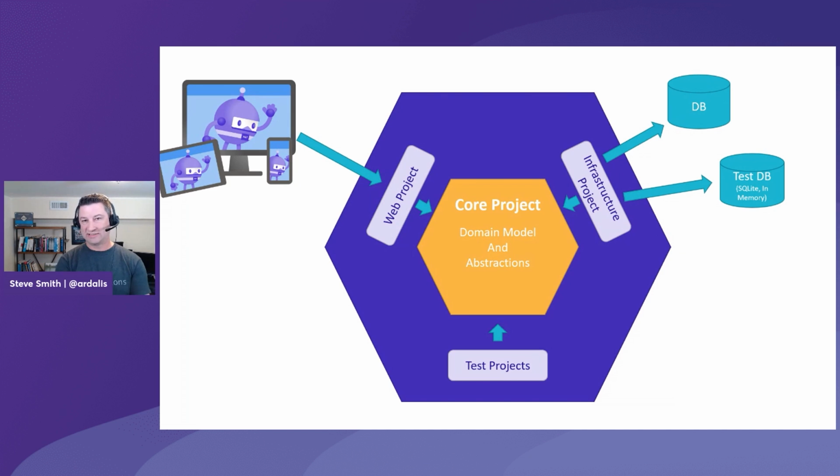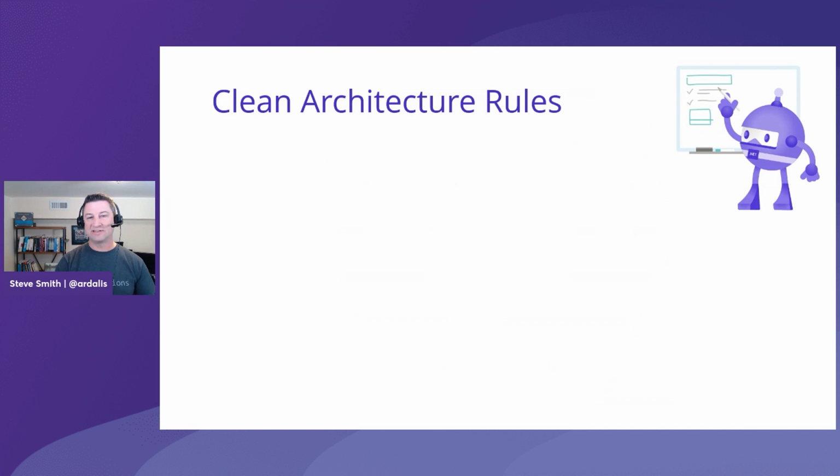That's the only place in the whole system that's going to know anything about our data access. So there's not going to be any DbContext or EF Core or Dapper or other type of code in the other projects. It'll all be in that infrastructure project. And then we'll have a couple of different test projects that'll interact with this whole system and talk to different other projects.